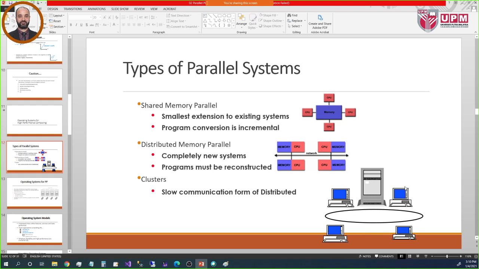Okay, the sweet thing about clusters is that we can utilize the old machines that we have. For example, in the Faculty of Computer Science, if our labs have 200 computers, and one day the management decides to change them, then if the faculty wants to sell them, they will get nothing.